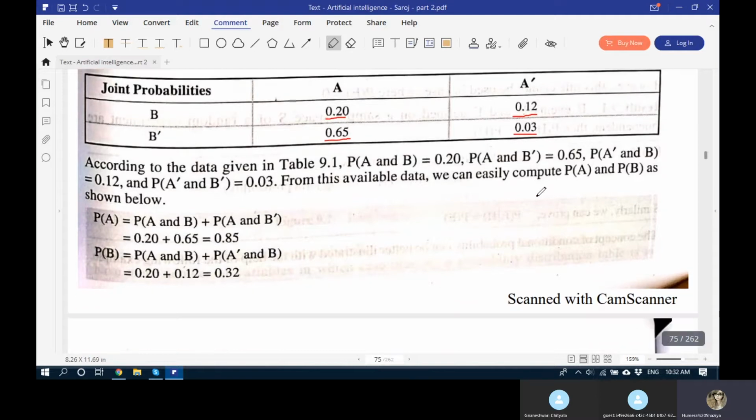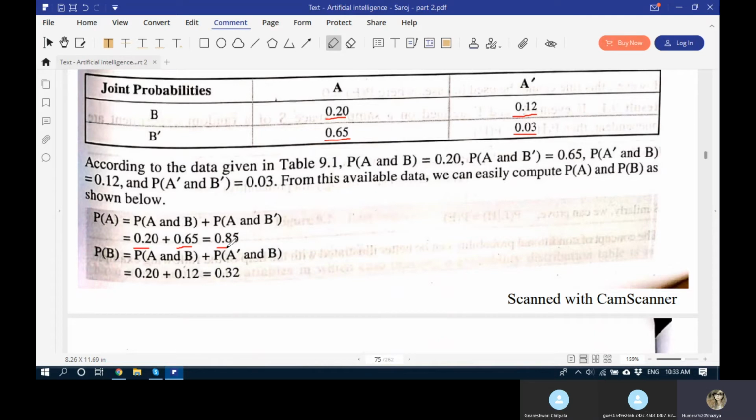So you can compute P of A and P of B by using this formula, P of A and B plus P of A and B complement, which is equal to 0.2 plus 0.65, which is equal to 0.85.